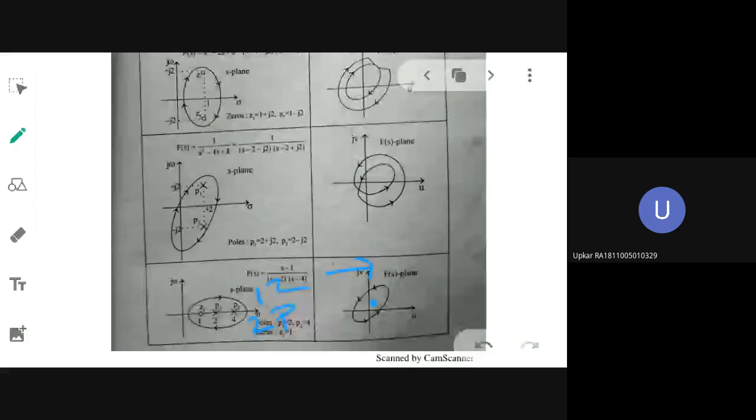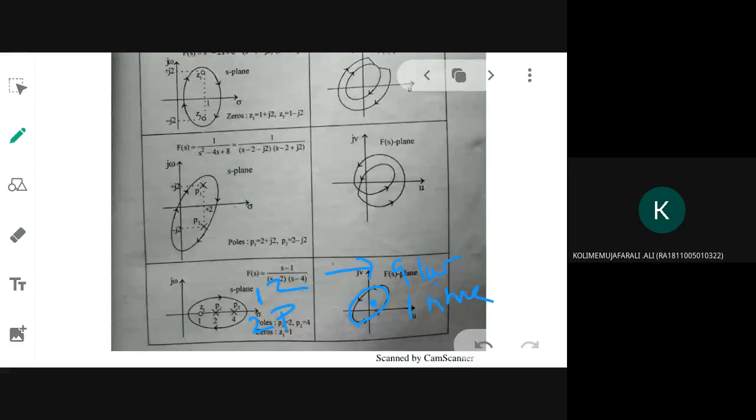And what is the nature of the encirclement, anti-clockwise or clockwise? Anti-clockwise. Single only, showing two arrows, one time only. Earlier cases had two encirclements, here only one encirclement.